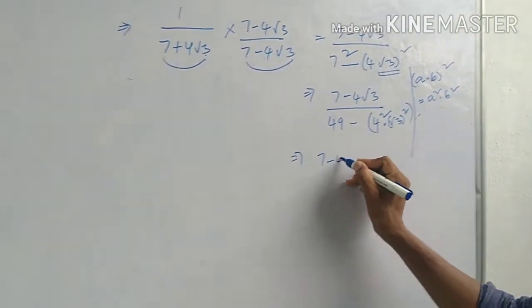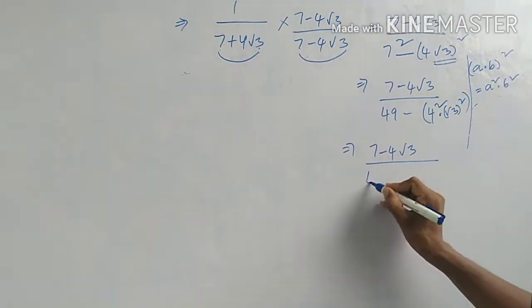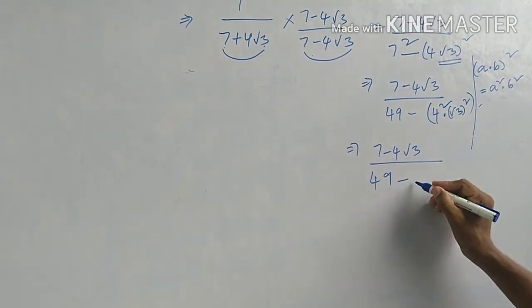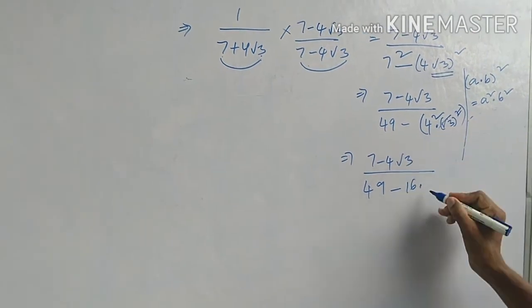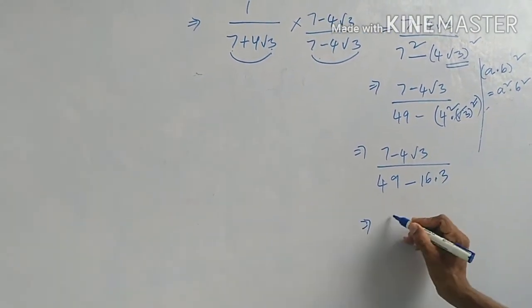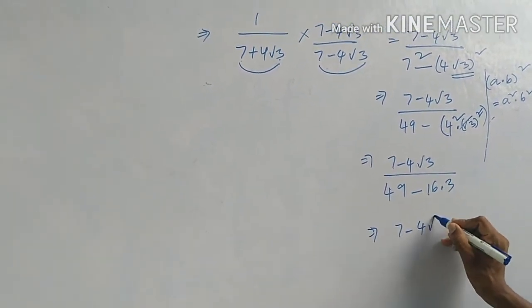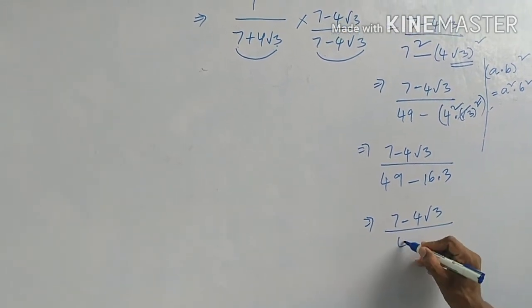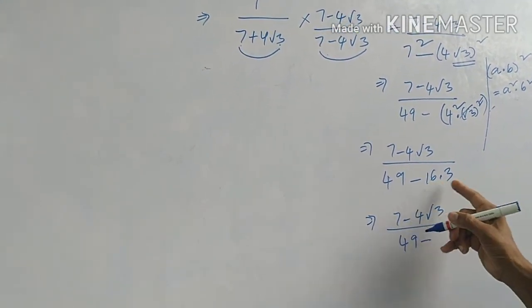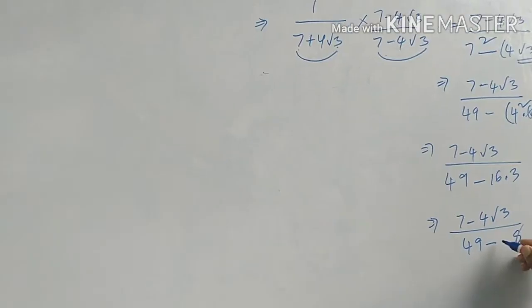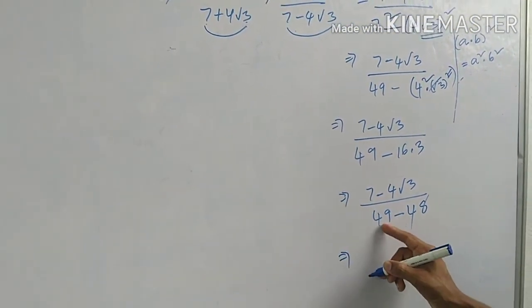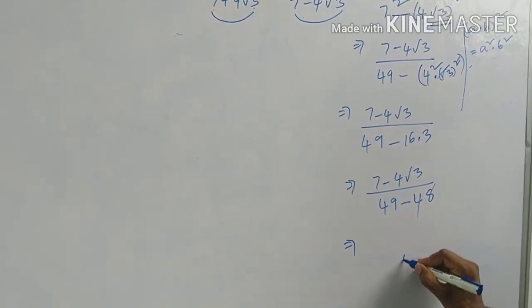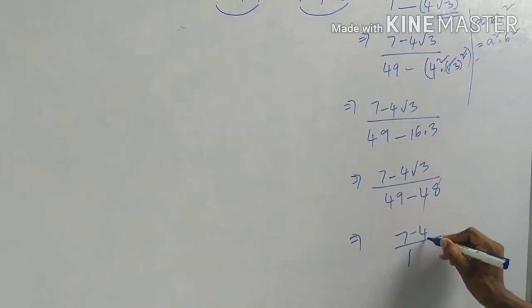So 7 minus 4 root 3 by 49 minus 4 fours are 16, into the square and root cancel, 3. That is 7 minus 4 root 3 by 49 minus 16 threes are 48. 49 minus 48 is equal to 1. So it is 7 minus 4 root 3.